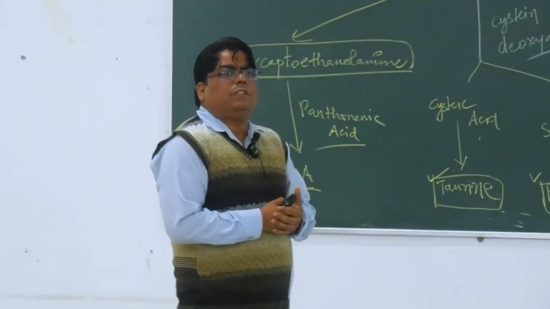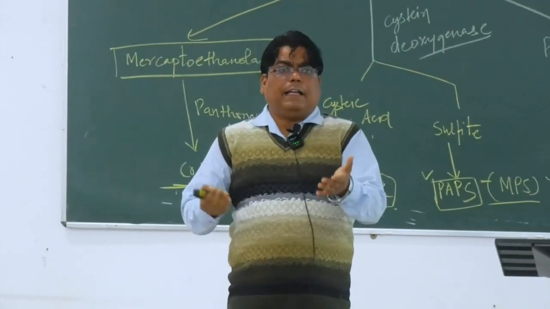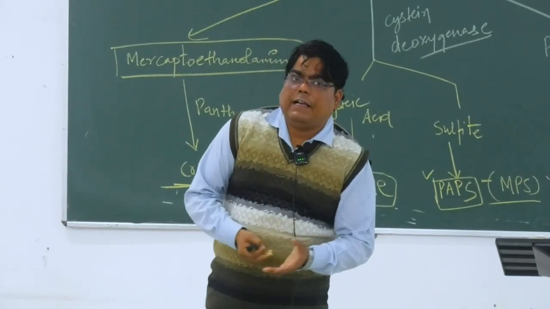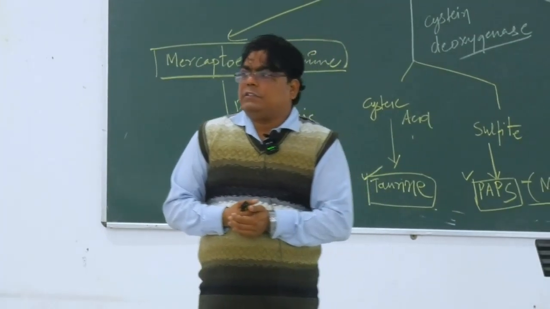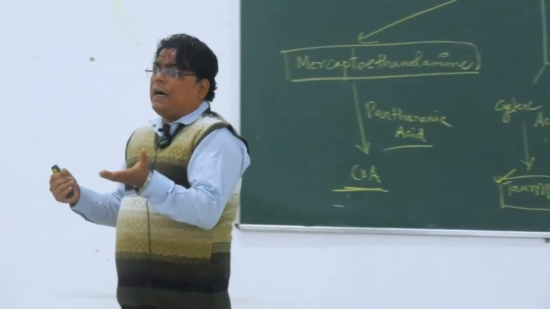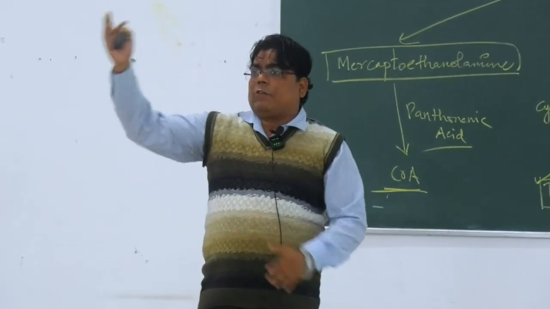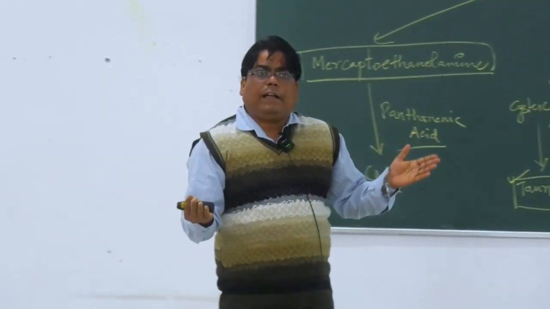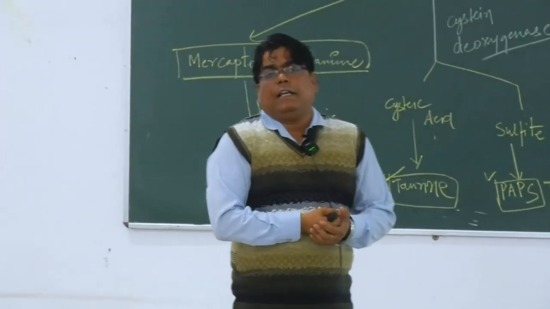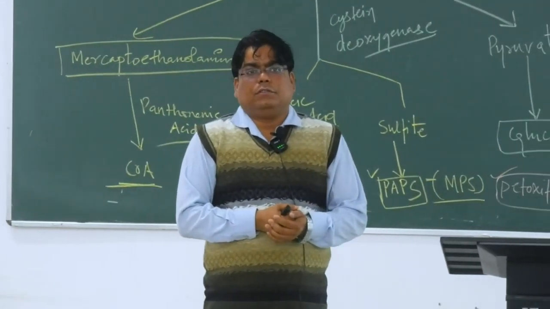Why does cysteine come in the urine? Either it is not metabolized, or it is not reabsorbed from the renal tubules, because the major metabolic pathway forms GFR, glomerular filtrate, and after the glomerular filtrate it can be reabsorbed in the renal tubules.